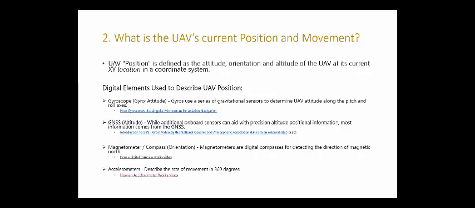We talked about GNSS in the previous slide, providing precise information in the X, Y, and Z dimensions. Magnetometers are just digital compasses which allow the UAV to always know which way is north. And finally, accelerometers determine the rate of movement in all 365 degrees. I encourage you to check out the videos that describe how each of these components work.